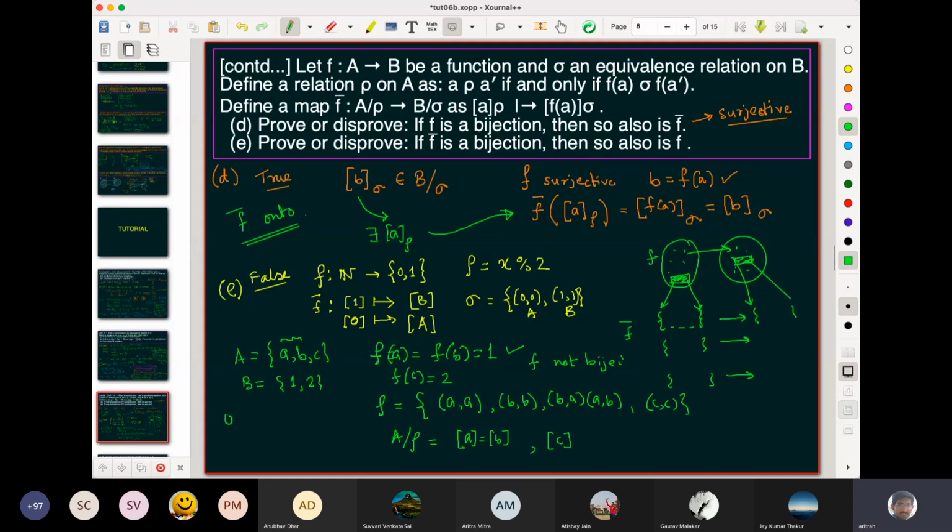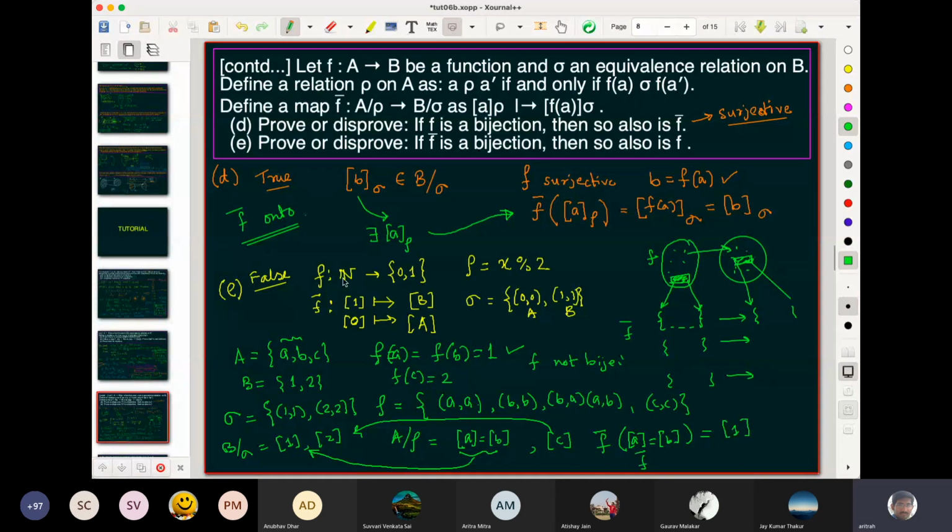Now in sigma, this relation, I just do it 1 and 2. Meaning that with respect to sigma, the classes are only 1 and 2. Now I will map this directly to 1 and this directly to 2 with my F bar function. So F bar of A or B anything maps to one class.